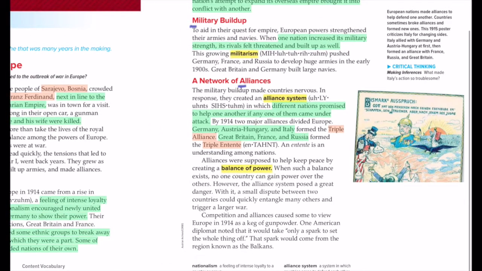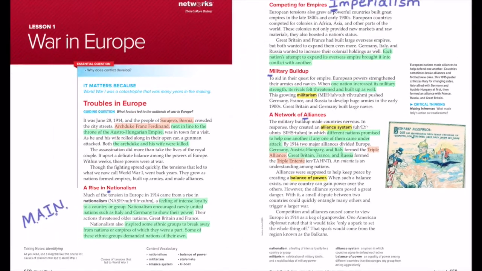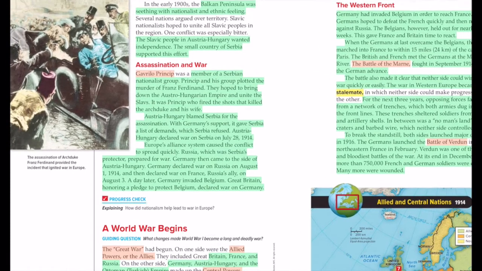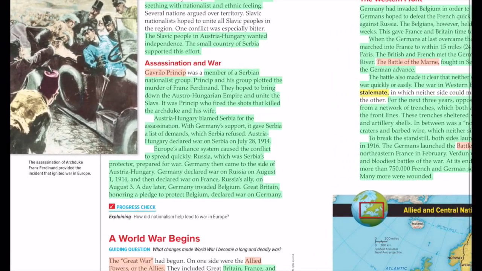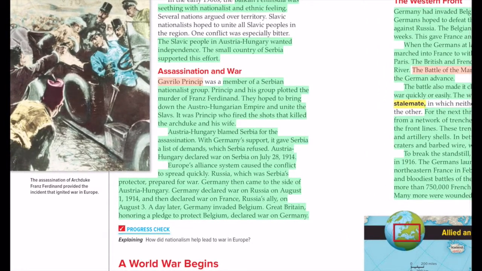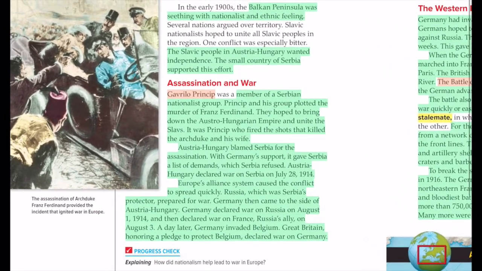And so the spark that really sets it all off was in an area called the Balkans. It's a peninsula. They call it the Balkan Peninsula, and the Balkans for short. There, like I said, there was a lot of unhappiness among the Slavs, okay, the Slavic people.